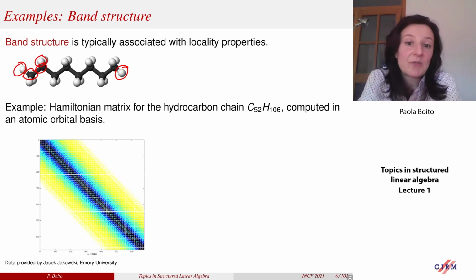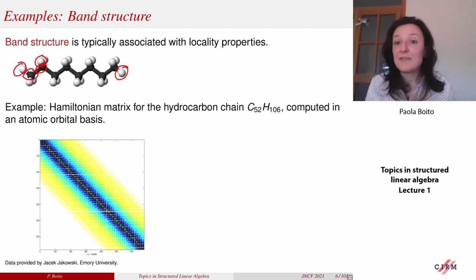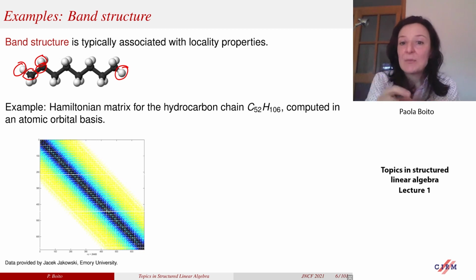Of course, we need to choose a basis, and one possible choice is a basis of atomic orbitals. So what we have are basis functions that have limited support, which are centered on each particle in the molecule. Okay, and so physical intuition tells us that in such a system, each atom will have an influence on the atoms which are close to it.